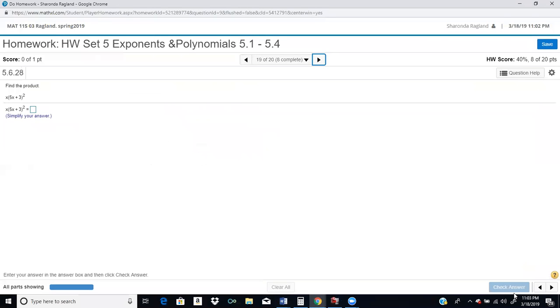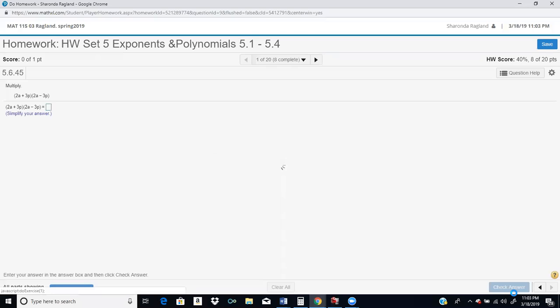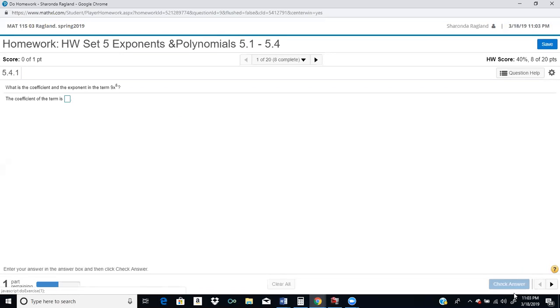And so that pretty much deals with the multiplication part. The beginning part of this, you find the degree. Let me just go back over that just in case you missed it in class. All right, so we dealt with the coefficient and the exponent. Coefficient here is 9, exponent is 6.